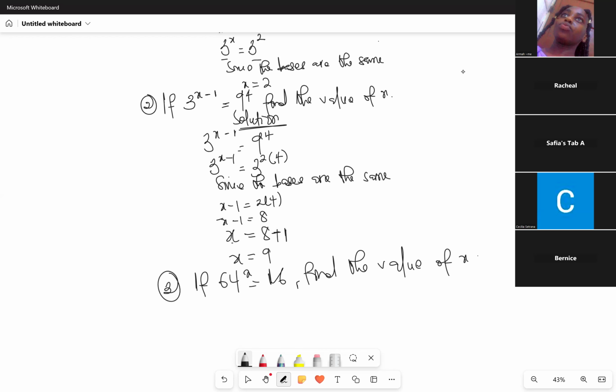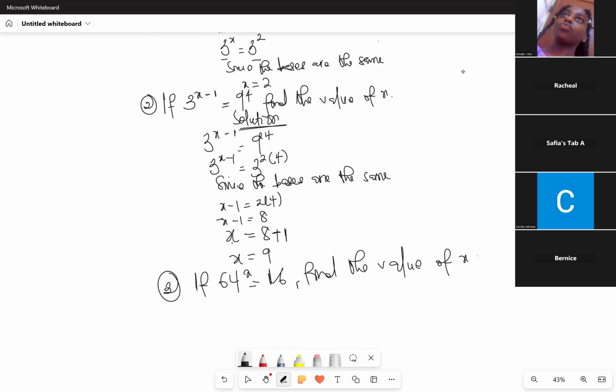Yeah, so just tell me what it is. For this question, I don't think you can re-express 64 on a base of 16. If it works, fine. But if it's not working, then you have to think of a number you can use to express each of them.